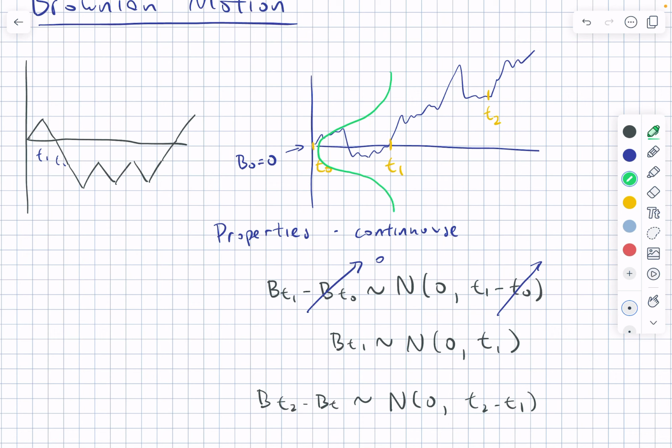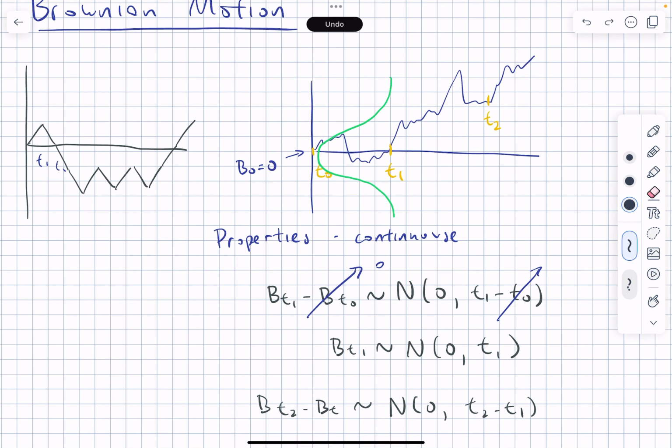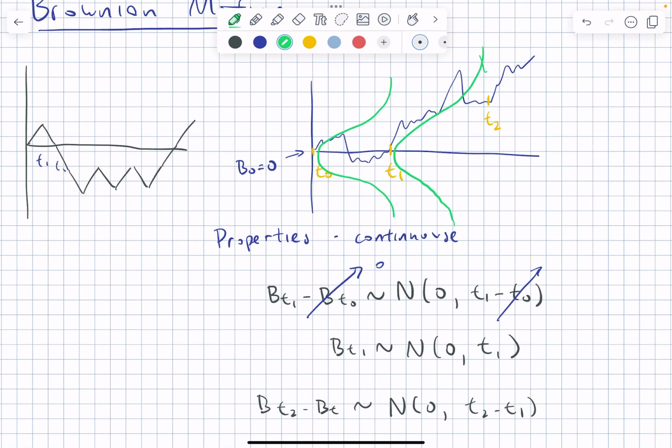And we have a standard deviation based on how long has passed. Now from t1 to t2, there's a slightly bigger time interval. So the variance is larger in this case, and we're going to have a normal distribution that looks something like this, with a larger variance than before. Let's draw that again.